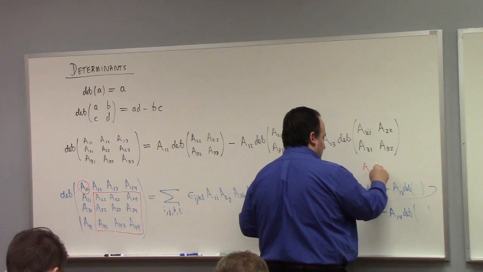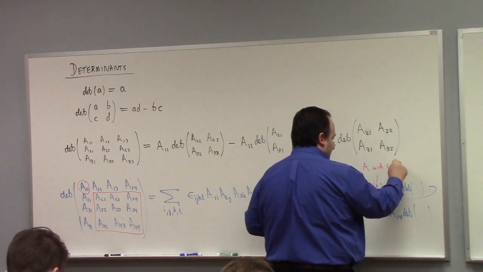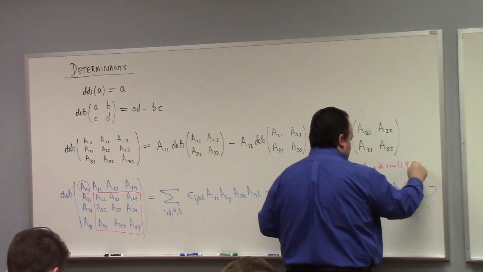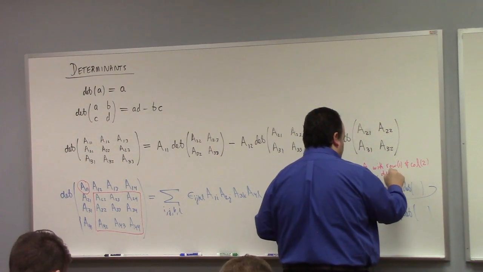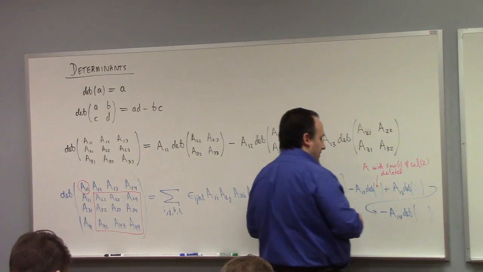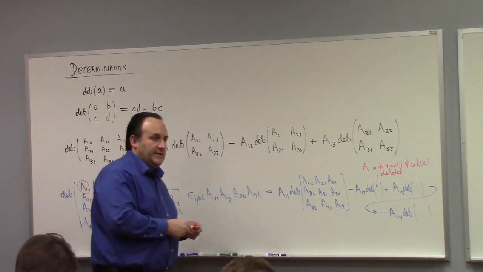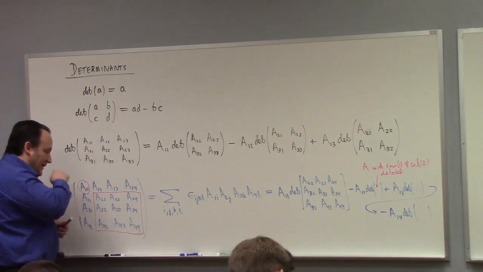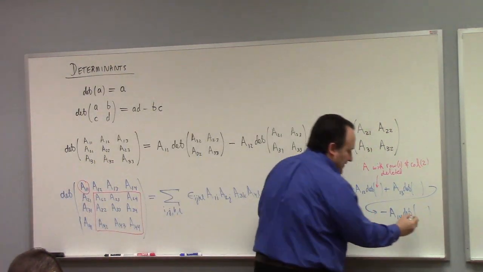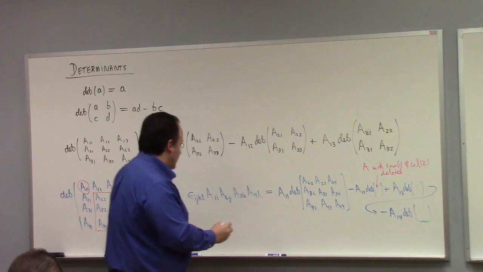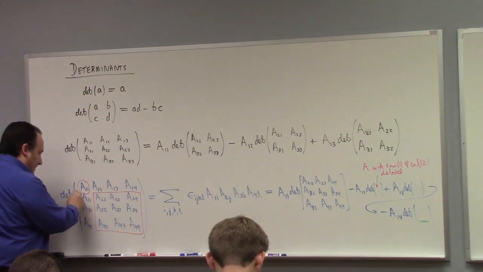A with row 1 and column what? 2 deleted, right? And so forth. So I can color code. What goes in here is this submatrix, okay?